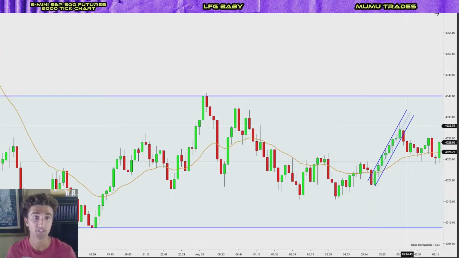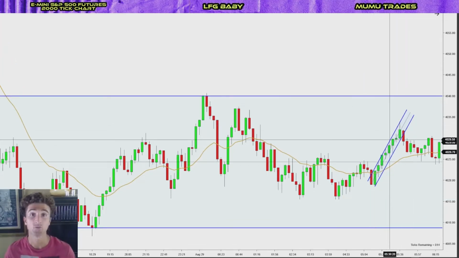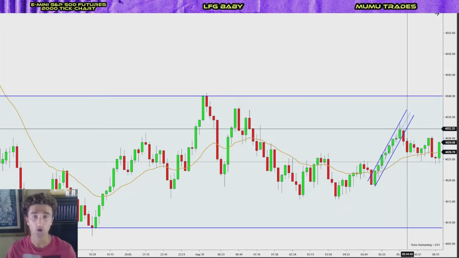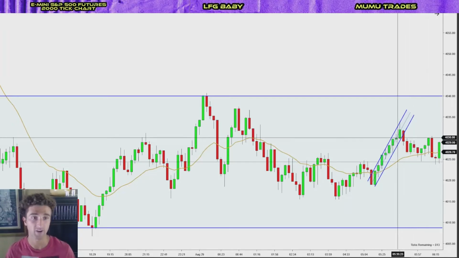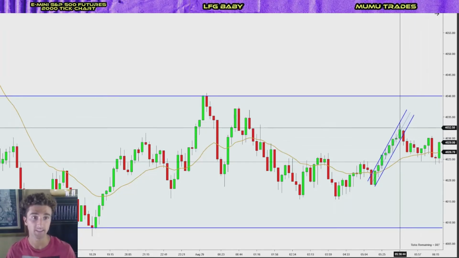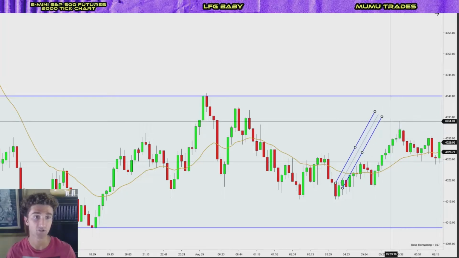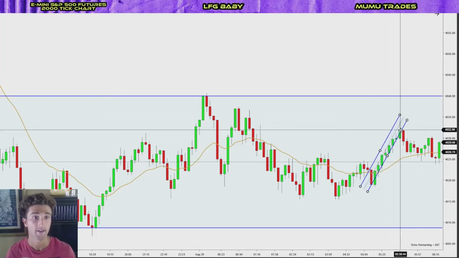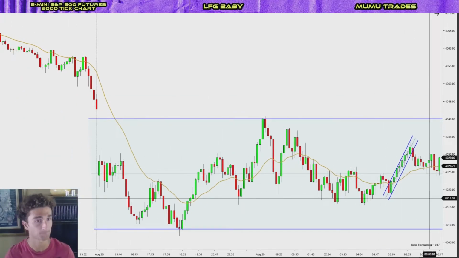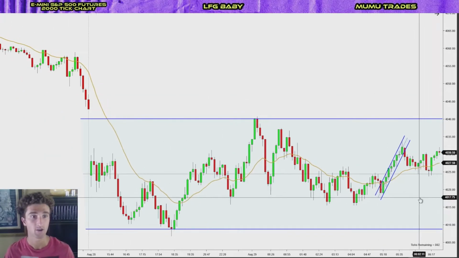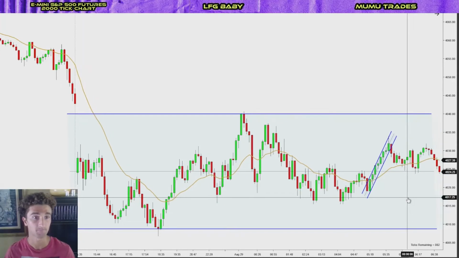So I see this mini short-term uptrend, and the rule for uptrends or downtrends or any trend is it's not over until there's a break and a new test at an extreme. So right now there's a break, but we're still expecting to test this level, 4,034, until we can safely look for short opportunities. But until then, we're just going to wait and see what happens.